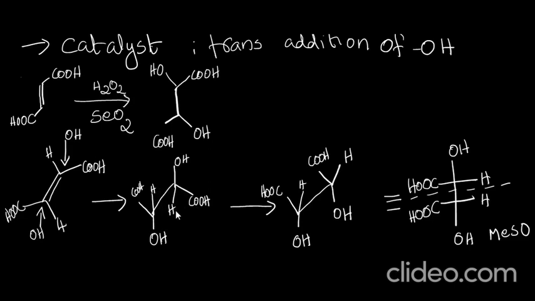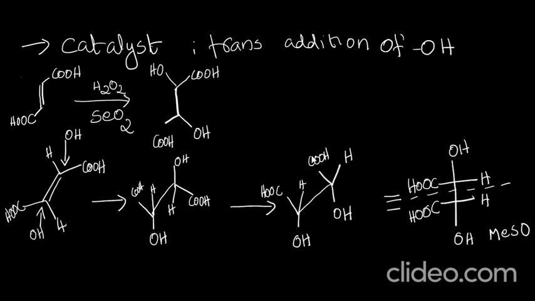When it is converted into the eclipsed configuration by rotating one of the carbon centers in a clockwise manner, we get a configuration like this. Here it is an eclipsed configuration. Here both the COOH groups are on the same side.